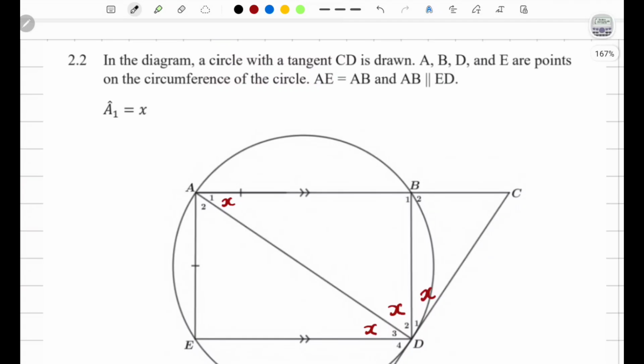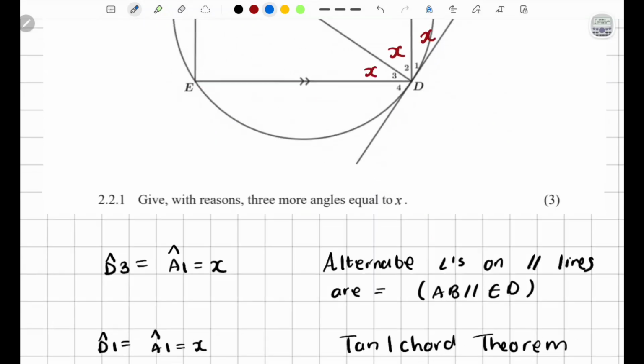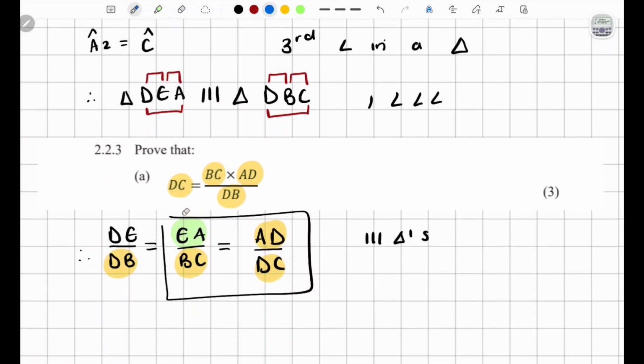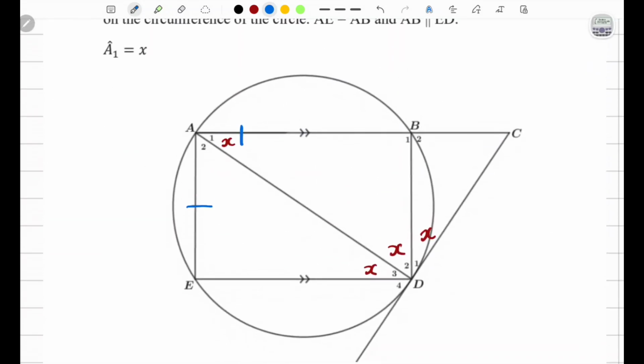So if we look at EA or AE, AE is this one line here. The only other thing it's equal to is AB, which we are not trying to replace it with, because the question they asked had nothing to do with AB. You see, there's no AB here. So EA.